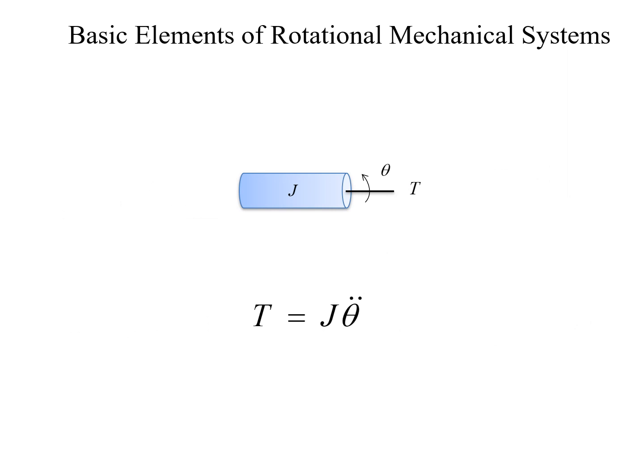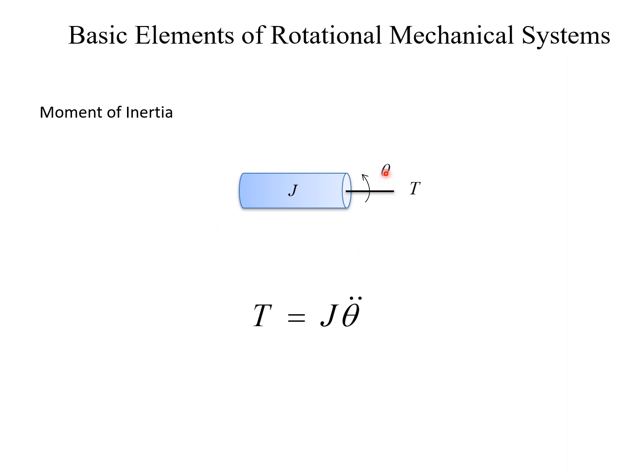Now coming to another important basic element used in the rotational mechanical system, which is known as the inertia element. Here, due to the applied torque, there is a moment of inertia developed in this element, which is represented as J, and the angular displacement is represented as theta. In an inertia element, the applied torque is uniform throughout all the edges of the element.